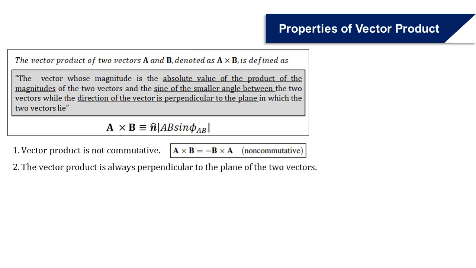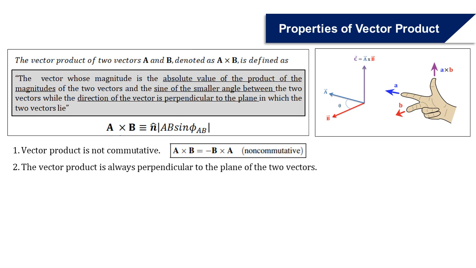Okay? So next property is that the vector product is always perpendicular to the plane of the two vectors. It is described by the right-hand rule. Ibig sabihin, meron tayong right hand, yung ating index finger that denotes yung A na nauuna dun sa ating notation, A cross B. Yung ating namang middle finger or yung ating palm, yun yung nasa second, yung B. Okay?